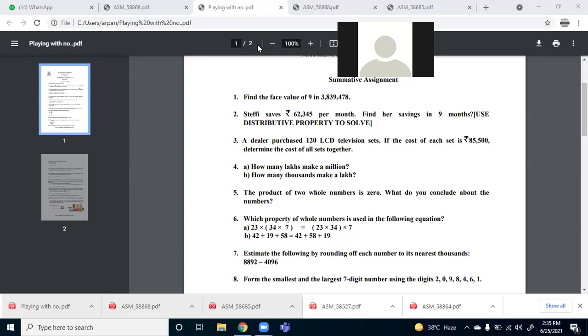Ma'am, I don't understand what to do. Ma'am, I've sent the answer. Oh, I did not receive Samarth's. Ma'am, can I tell here only? You have not sent it to me. Please send it, ma'am, to me. Let me resend it. Just a minute. Let me check what is wrong. I got the answers from Hriday.